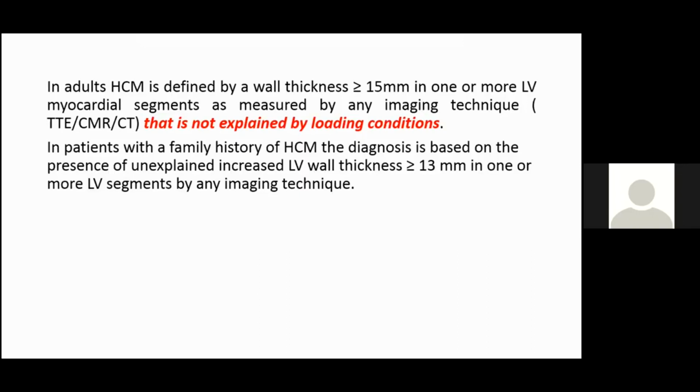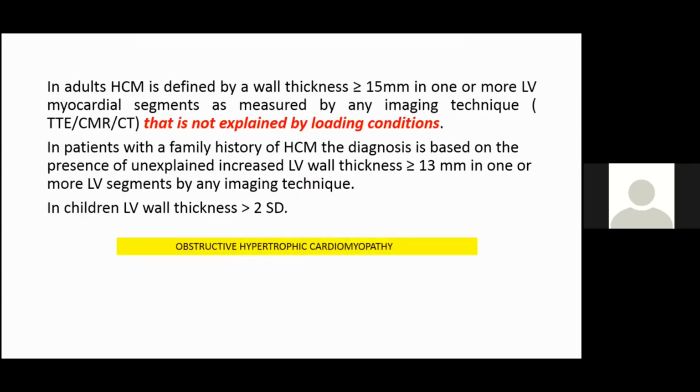In patients with a family history of hypertrophic cardiomyopathy, the cutoff value is lower, at 13 millimeters. In children, the left ventricular wall thickness should be higher than 2 standard deviations. So our patient has obstructive hypertrophic cardiomyopathy.